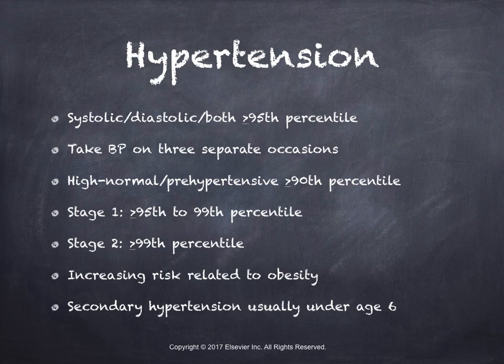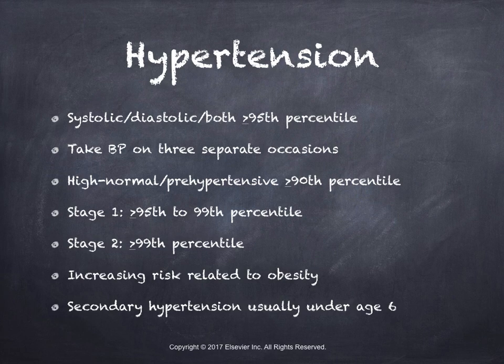There's increased risk related to obesity, and secondary hypertension, as opposed to primary hypertension, is usually in younger children, and it's associated with another medical condition, such as being premature and having either problems related to umbilical catheterization that perhaps left thrombi in place, or renal conditions. So there are children that do have other organ problems that can lead to secondary hypertension.